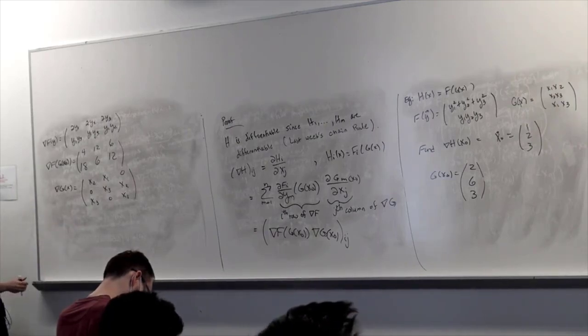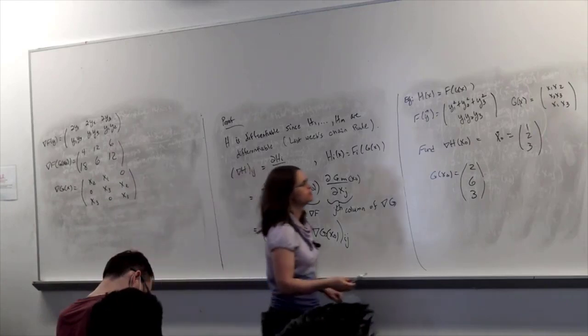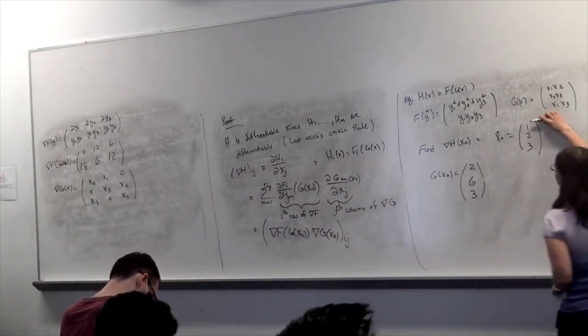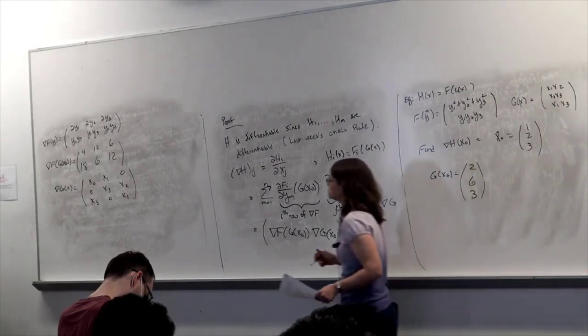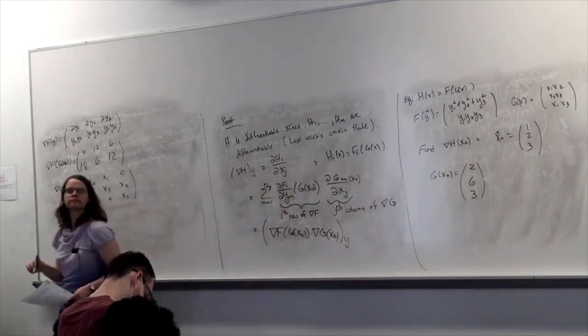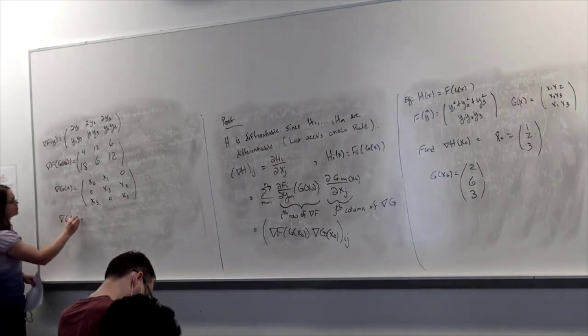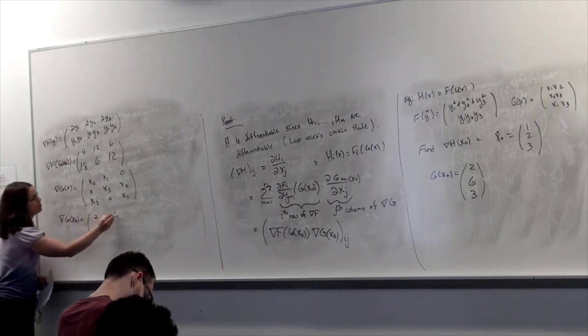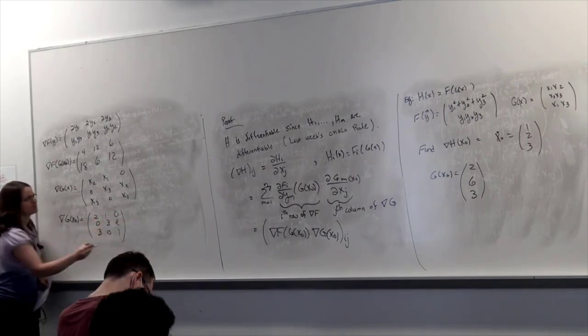And again, we only care about this at a particular point. Our reference point now is going to be 1, 2, 3. So at x naught, we get 2, 1, 0, 0, 3, 2, 3, 0, 1.